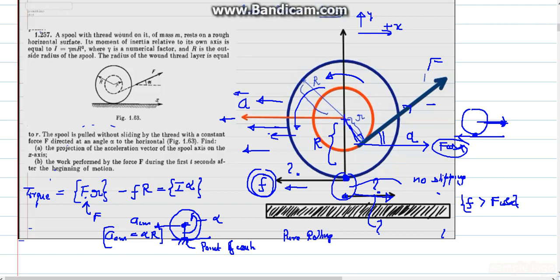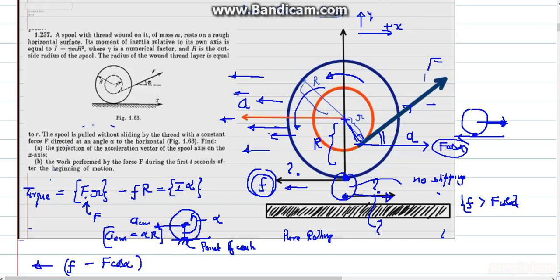So now let us write the translational motion. In translational motion, we are taking motion in this direction. What are the forces in this direction? One force is F in this direction, and another is minus F cos alpha, which is opposing it.